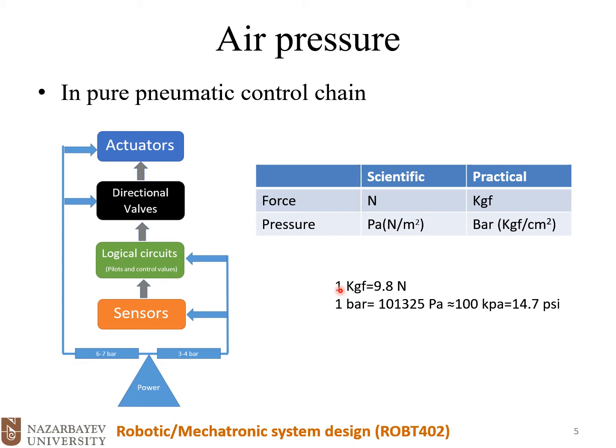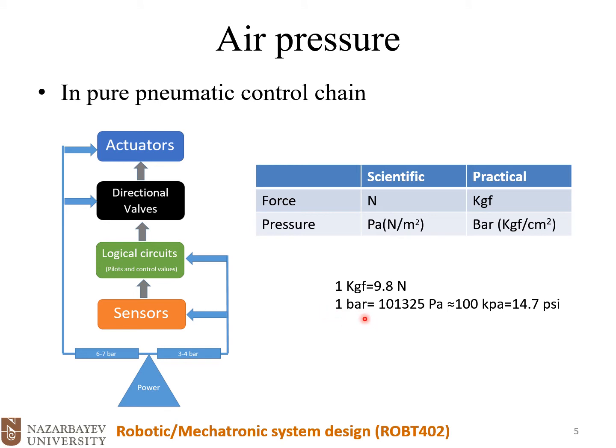So that weight of 1 kilogram mass is equal to 9.8 newtons, and we could use that as a unit. This is not the standard unit, but it's widely used and is a practical unit. 1 bar is almost equal to 100 kilopascal. 1 bar is the pressure of the atmosphere at sea level.